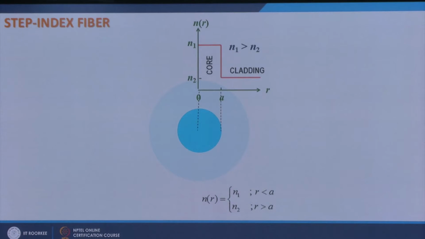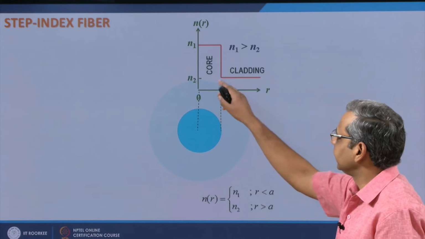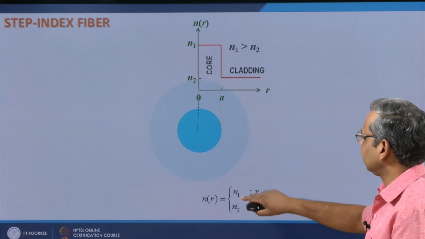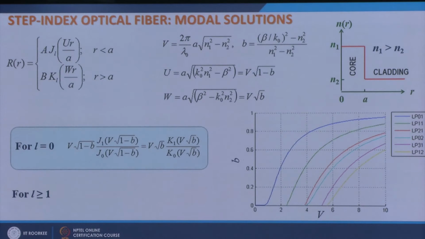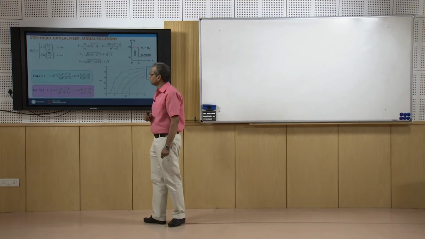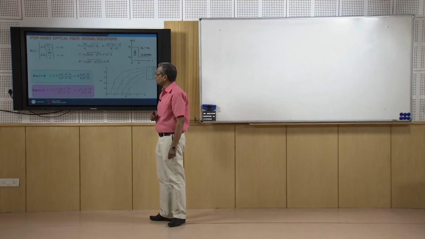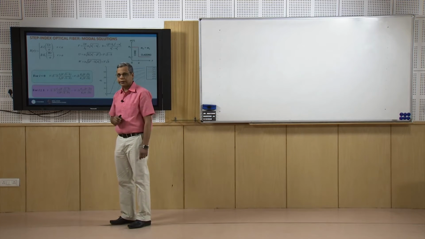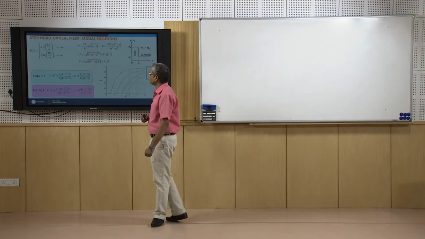So, this is the step index fiber which we are analyzing, which has a high index core of refractive index n1 of radius a and the cladding of refractive index n2. We had done this, that the radial part of the modal fields is given by A J_L(UR/A) in the region R less than A, which is the core, and B K_L(WR/A) in the region R greater than A, which is the cladding.